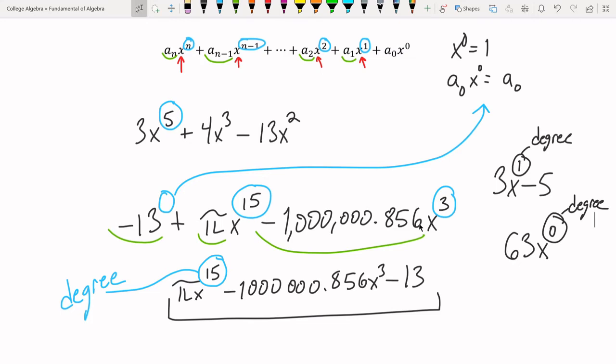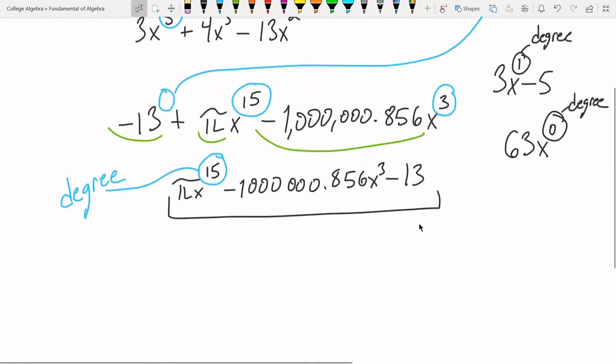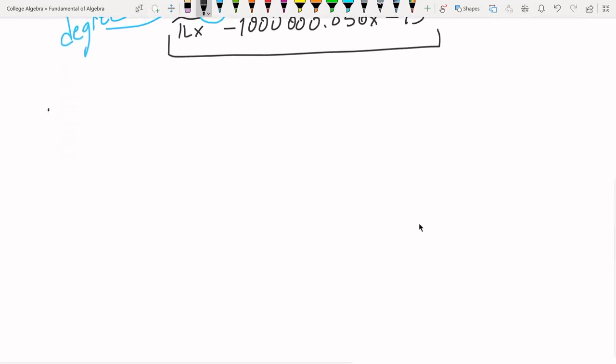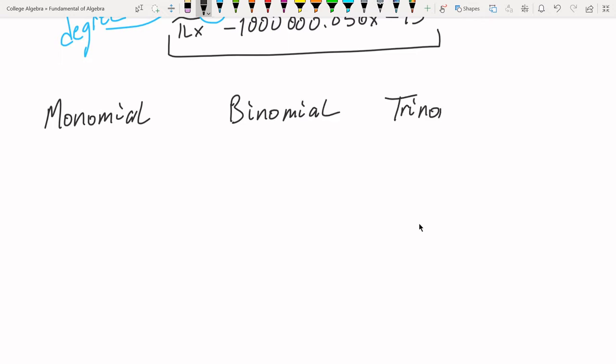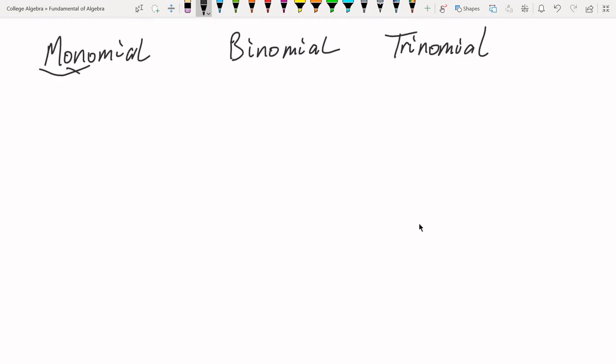Now, there are 3 types of polynomials that we work with a lot, and those are called the monomial, the binomial, and the trinomial. I guess it's like mon is 1, and then nomial is number.